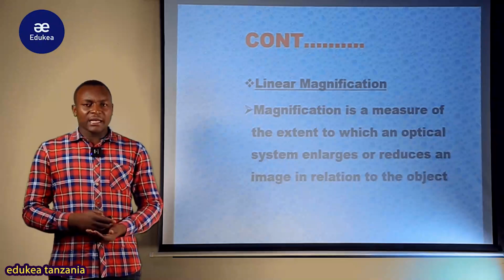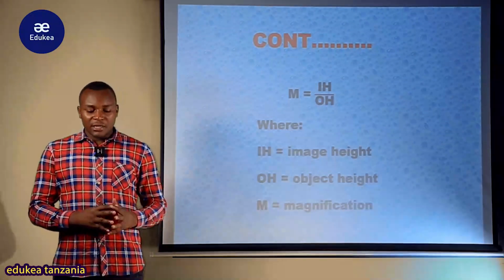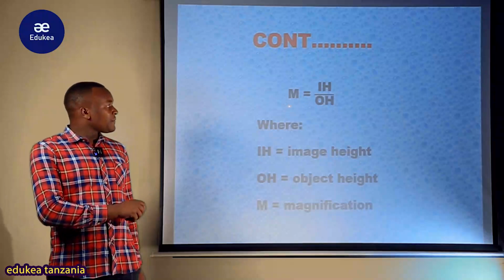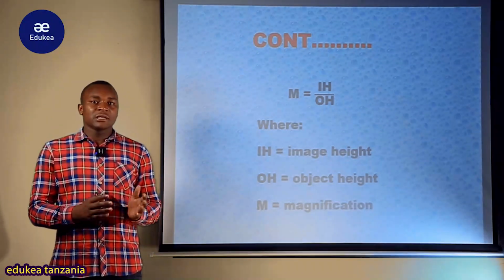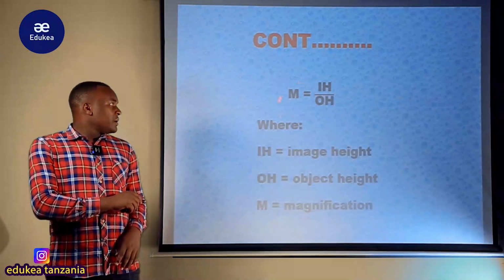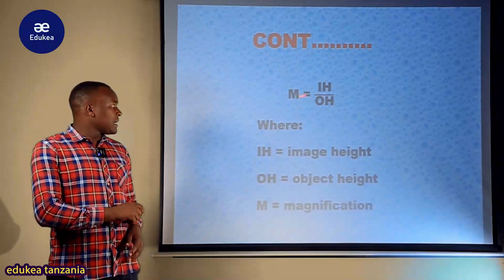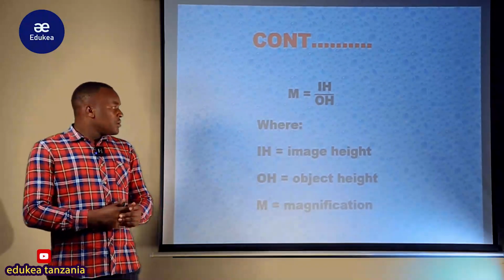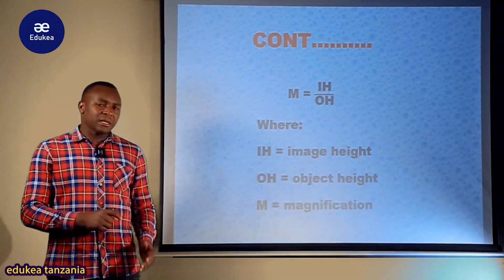So mathematically magnification tunaweza tukasema kwamba when someone is trying to find magnification, he can take image height then akadivide by object height. So when you take image height divided by object height, unaweza kupata magnification. So we say that IH inamaanisha nini?